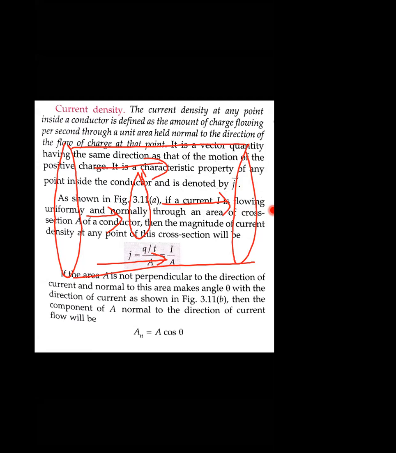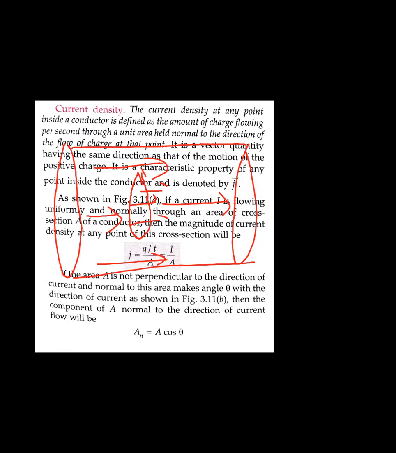So current density is the number of charges which are going to flow through this area per second, and this area should be normal, at 90 degrees to the direction of flow of charges, right?